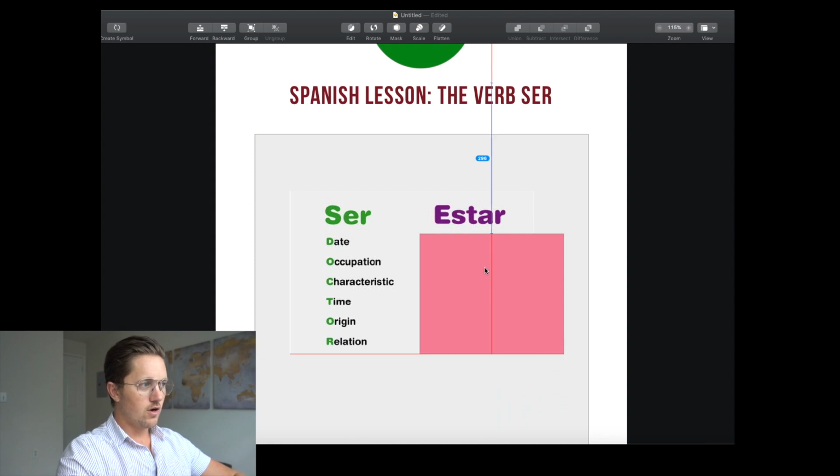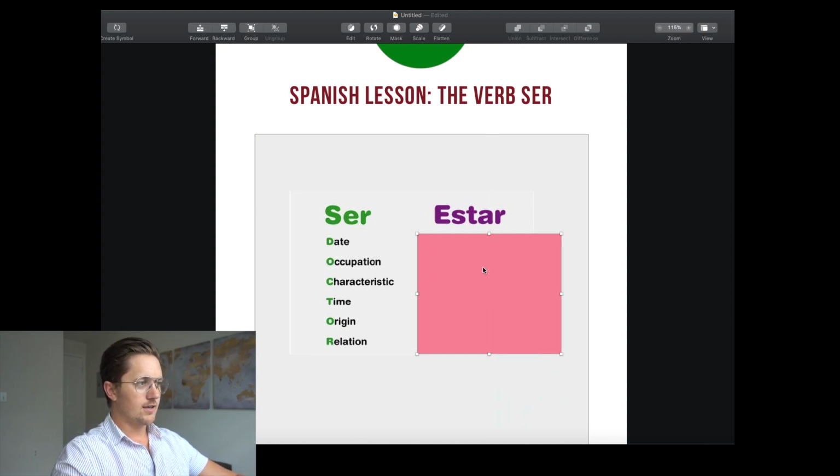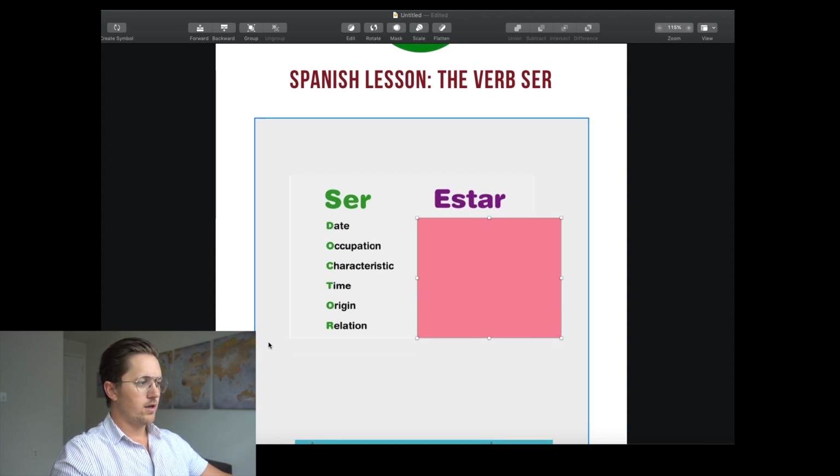In another video, I'm going to do a deeper dive into some examples with this, and also some actual examples of estar. But that's for another video. Let's focus 100% on this part one video, just focusing on the verb ser. So keep that in mind. There's going to be instances where we use ser, and instances where we use estar. And you'll learn those.